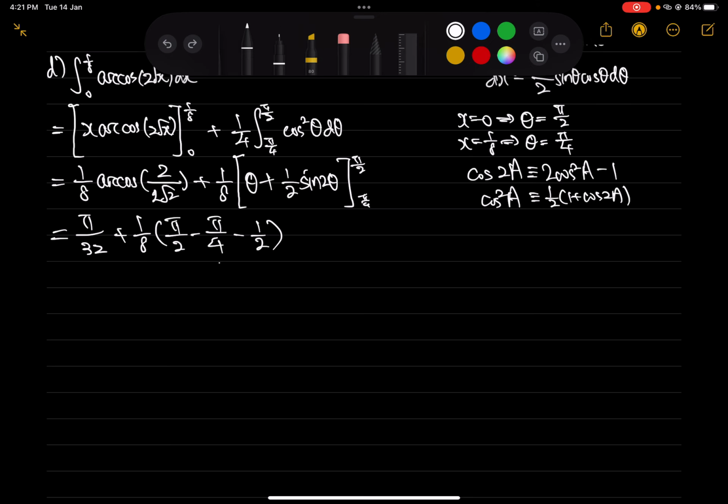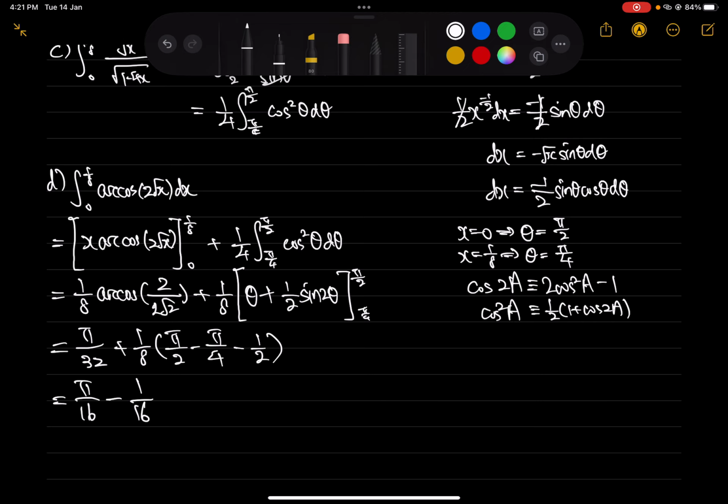So that's pi over 4 times 1 over 8, which is pi over 32. So that's pi over 16 minus 1 over 16. And that's it for part D. Yeah, very simple.